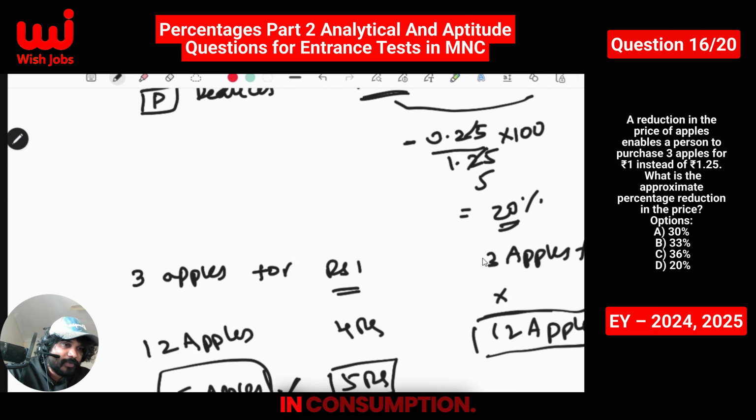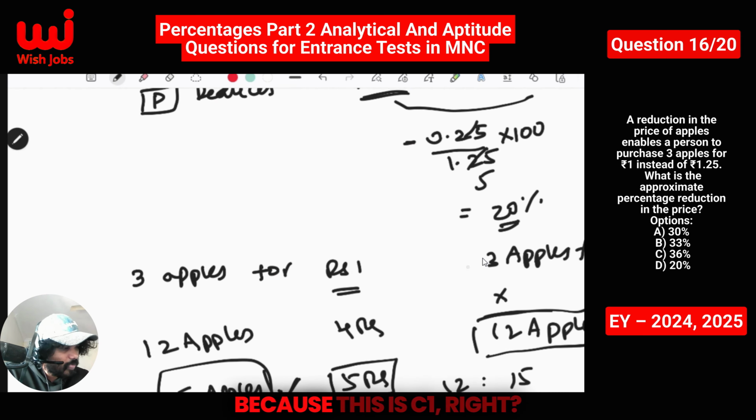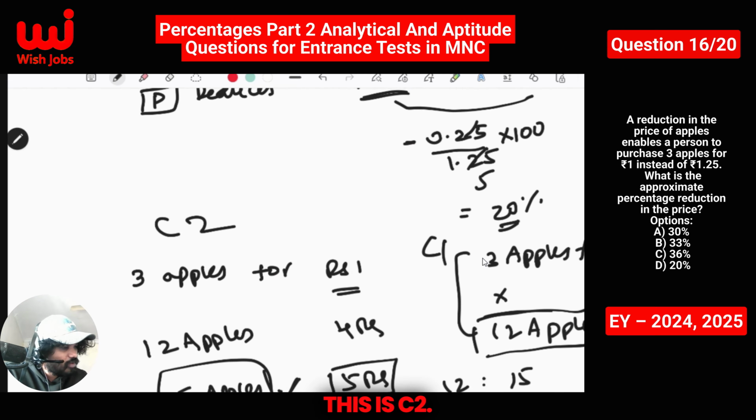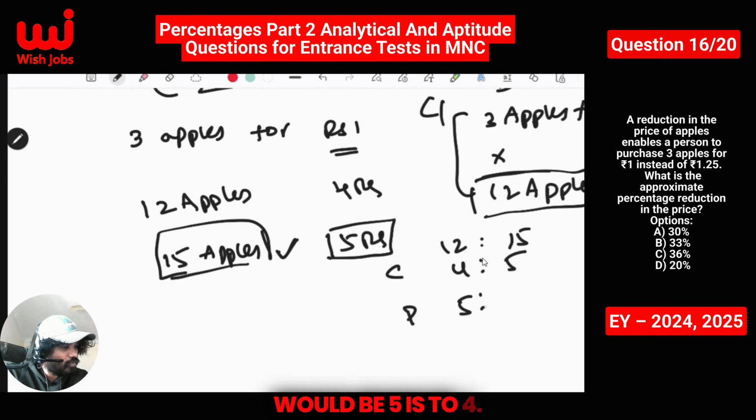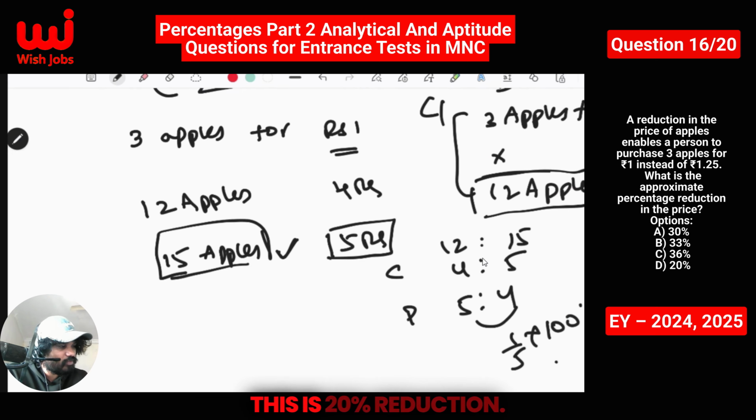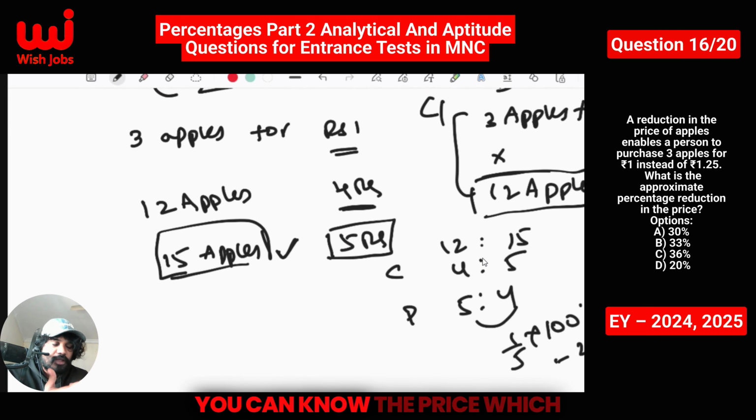When there is a difference in consumption, the consumption ratio is 12:15, this is C1 and this is C2, 4:5. This is consumption. You know price would be 5:4. Again, you can do the difference, 1 divided by 100. This is a 20% reduction. So either you can equalize both prices to get the quantity, and when you get the quantity, you know the price is inversely proportional, and you can use the same formula, new minus old by old into 100.